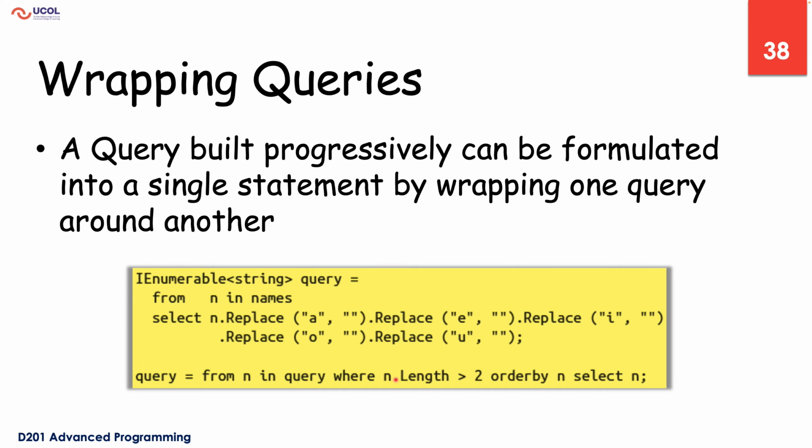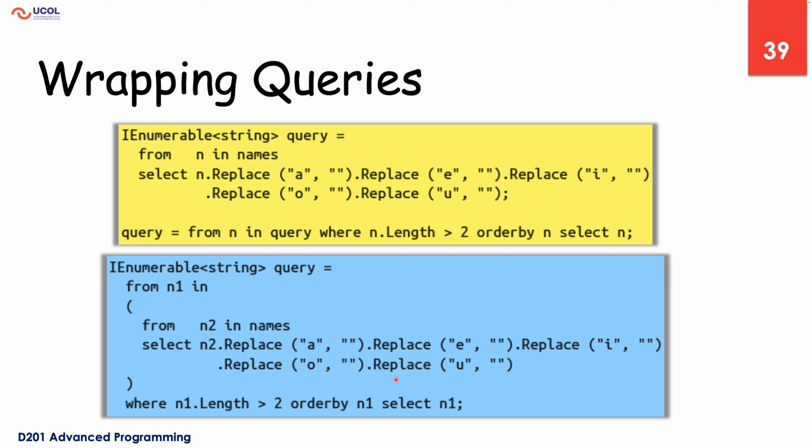That is called wrapping. Similarly, this is in the syntax form, and here we are building progressively, wrapping things. So from n in the names, we are replacing.